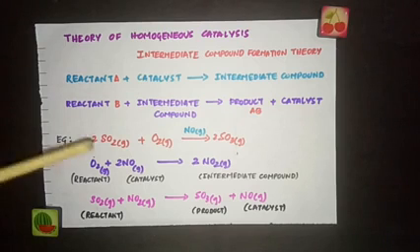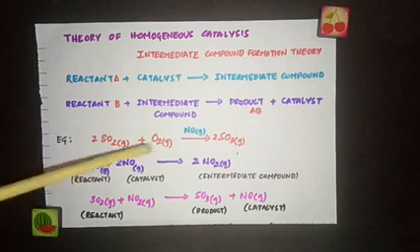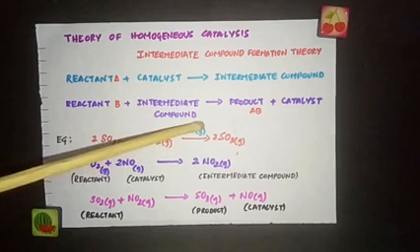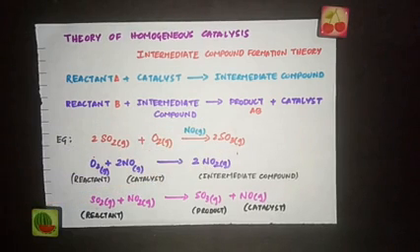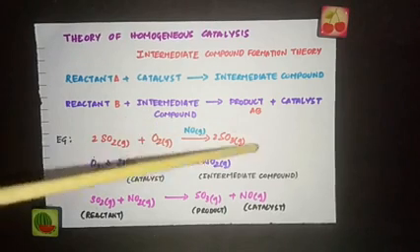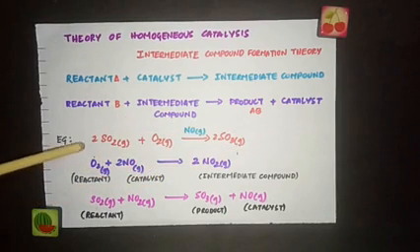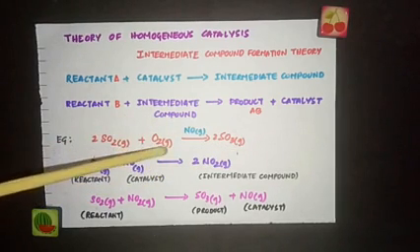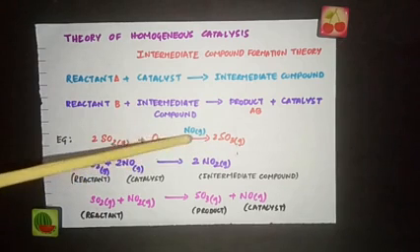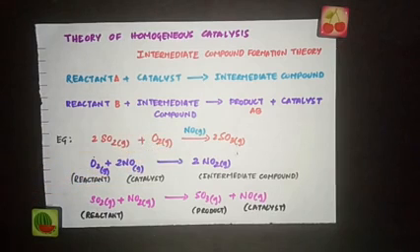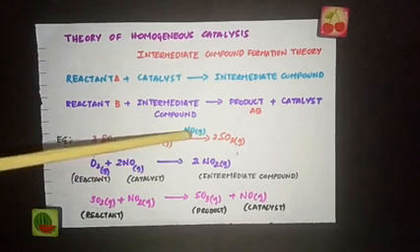For example, you take sulfur dioxide, treating it with oxygen in the presence of NO gas to give 2SO3. So this is a catalysis, and the type is homogeneous catalysis because all the reaction mixture and the catalyst are in the same phase. Now, how are these two reacting in the presence of this catalyst to give you this product?